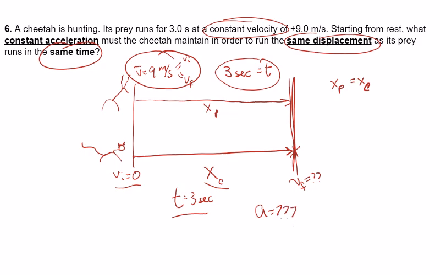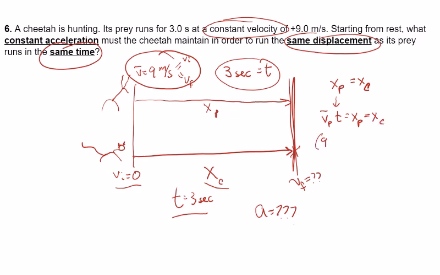Problem is I don't know X right now, but here this little bit is going to help us, because for the prey, since they're moving at a constant velocity, I can find their X by just using the fact that it'd be average velocity for the prey multiplied by time. That would be my displacement for the prey, but here's the cool part. It's also the displacement for the cheetah.